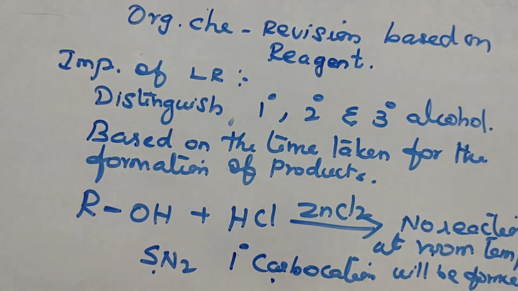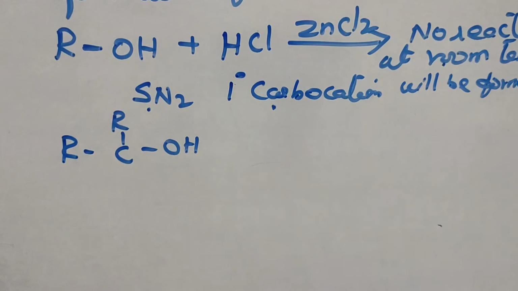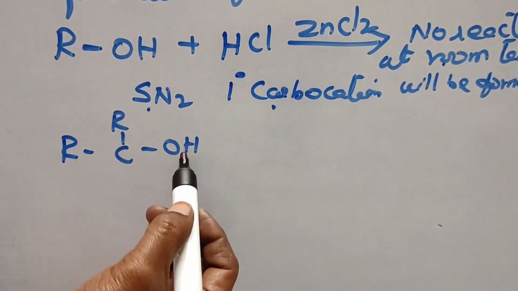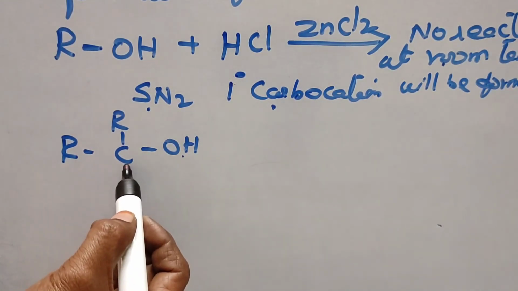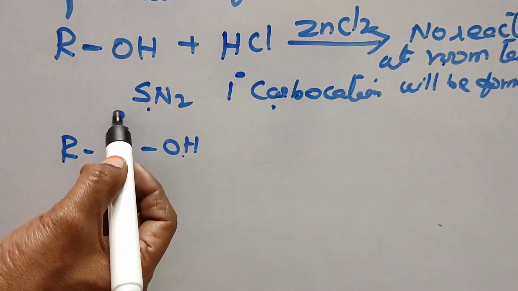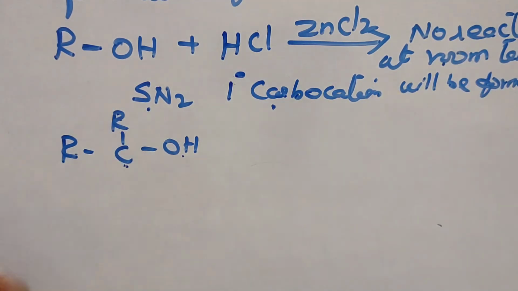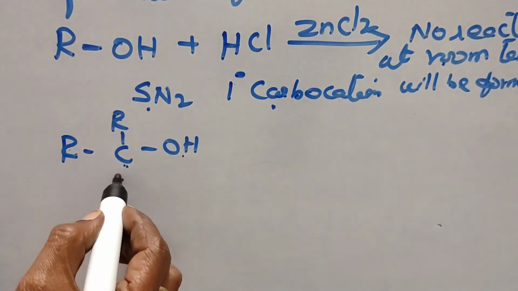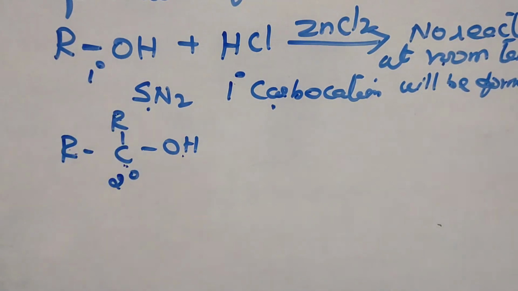Next let us take 2 degree alcohol, also R OH. 2 degree alcohol means the alcohol group is attached to a carbon, and that carbon in turn is attached to 2 alkyl groups. So this is 2 degree, this is 1 degree.